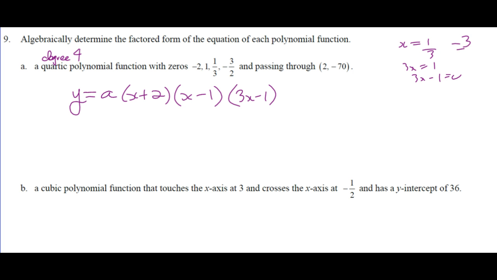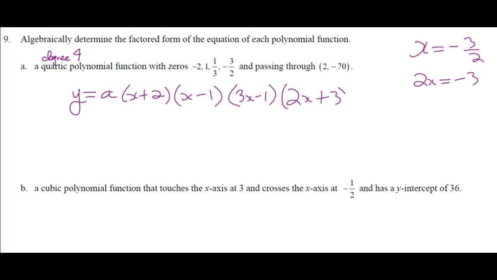And give yourself some room. So x equals negative 3 halves. 2x equals negative 3. Okay, so 2x plus 3 is equal to 0. Okay? But that's how you do it, right? Like if you're doing this, you want to avoid it, then it's 2 lines. Write out 2 lines, right? Is 2 lines worth a half a mark? Yes, it is. 2 lines is worth half a mark. All right, what do we know?